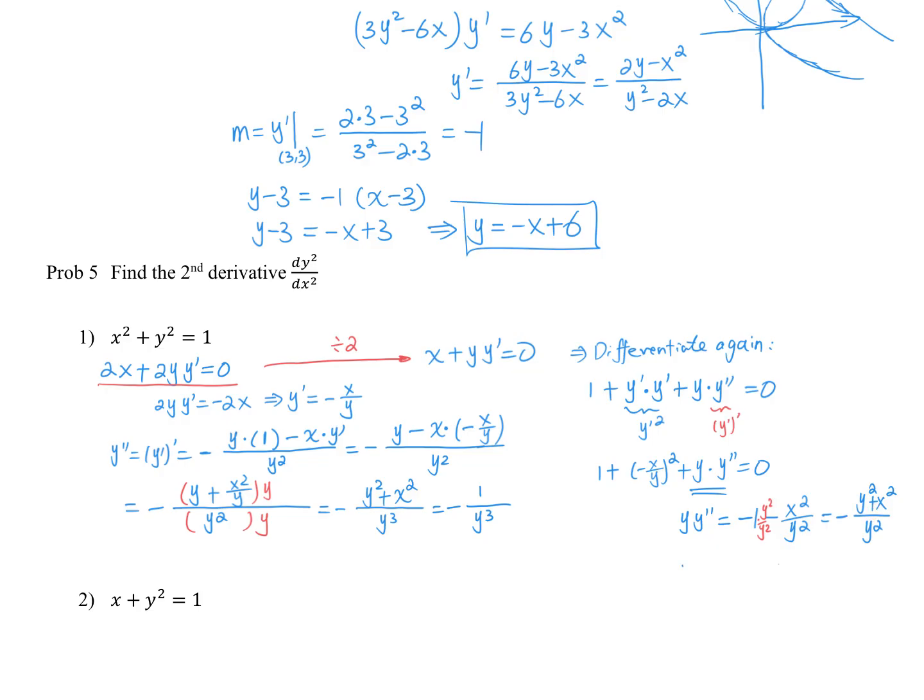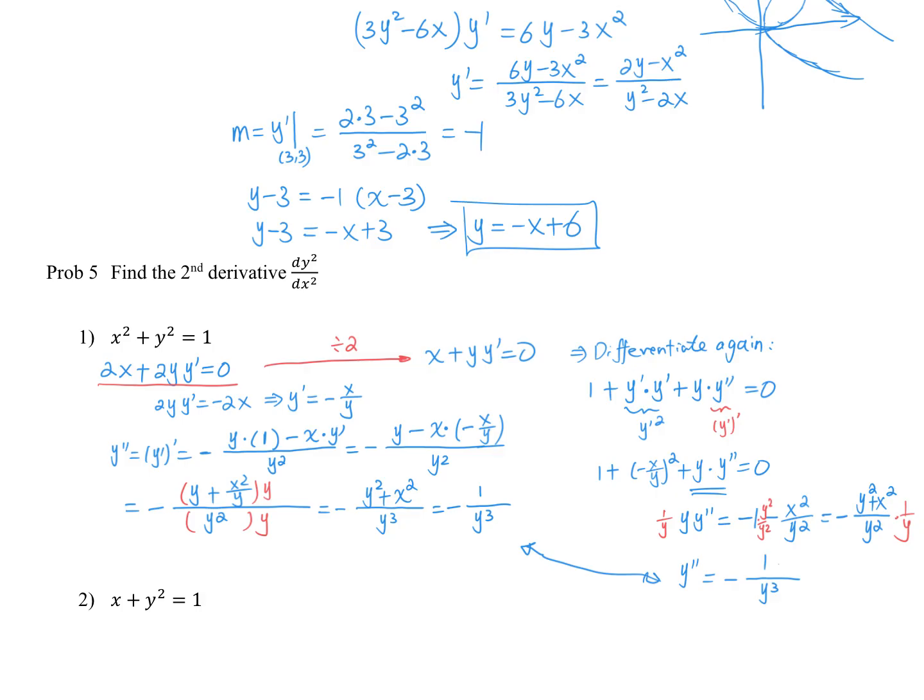Okay, finally, y double prime is equal to negative, this y squared plus x squared is equal to 1, over y cubed, right? Because we multiply by 1 over y. And this is the same as what we just had. So there were a couple of different options for you. Choose whichever way you prefer.